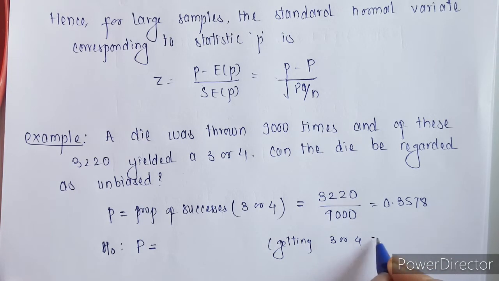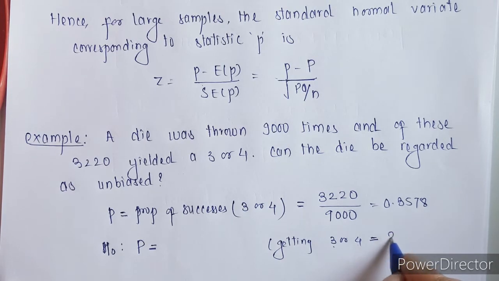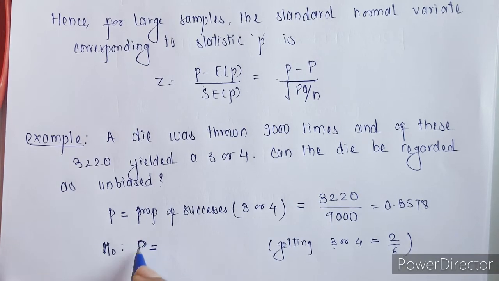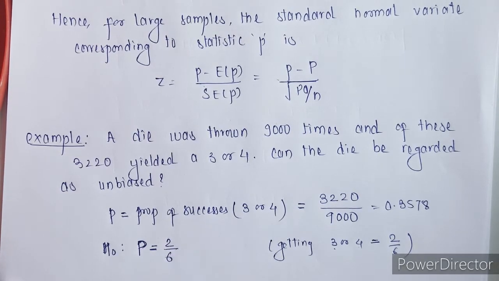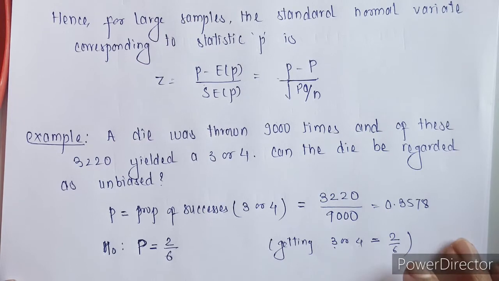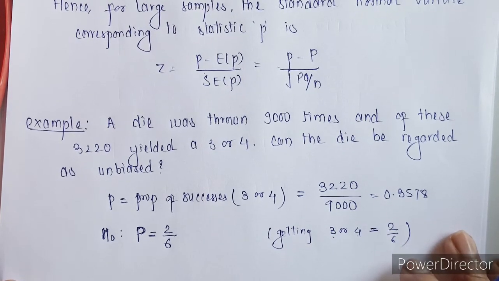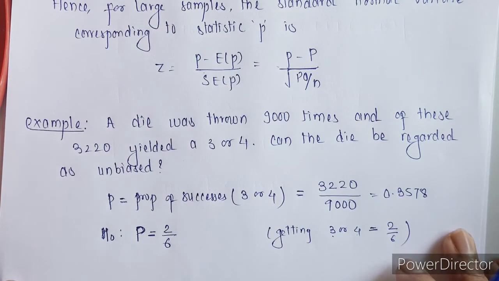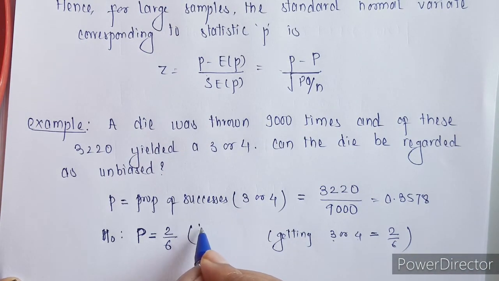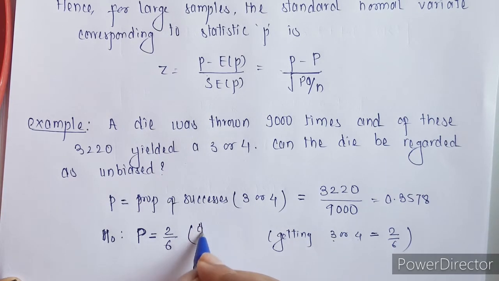So probability of getting 3 or 4 is nothing but 2 out of 6, right? So population proportion is nothing but 2 by 6 in this case. So if population proportion is 2 by 6, we can say that our null hypothesis is correct, that is the die is unbiased.